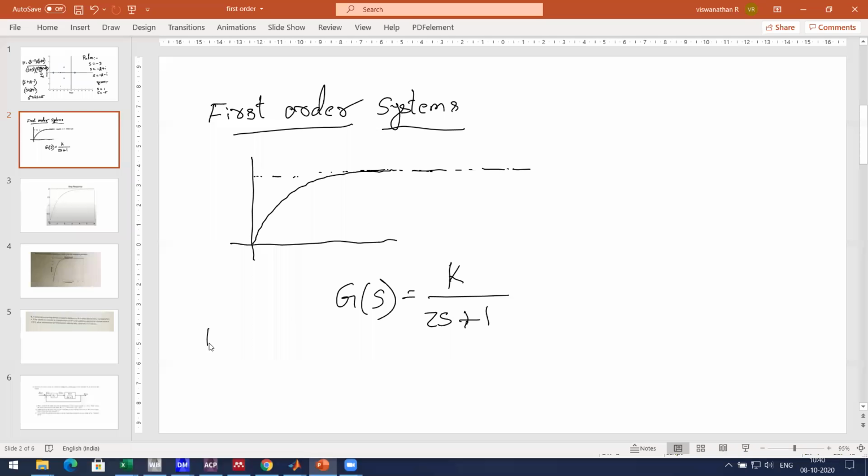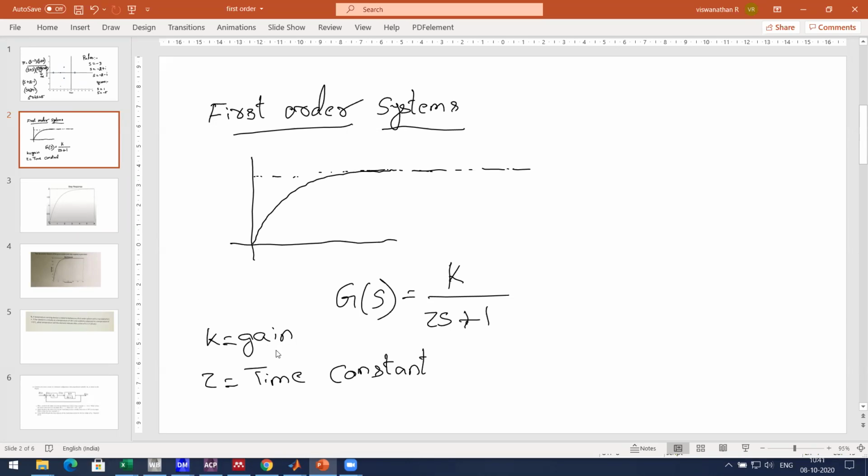K is called the gain of the system, and tau is called the time constant. These are the 2 things, like your zeta and omega n in a second order system.